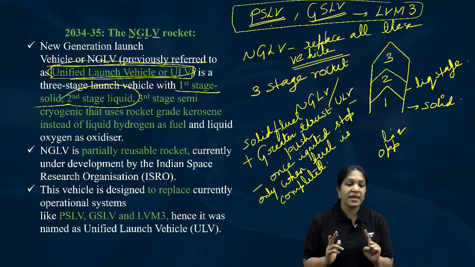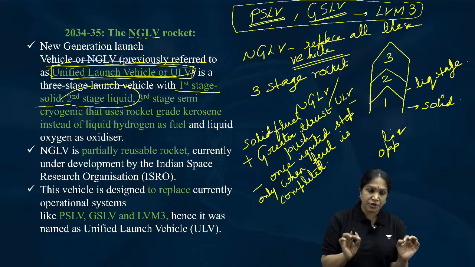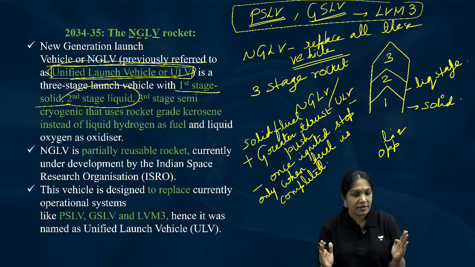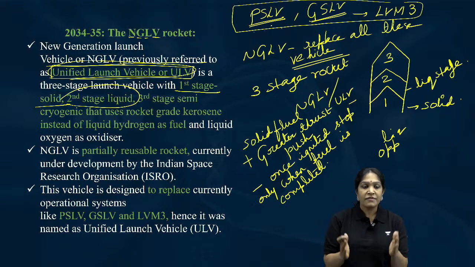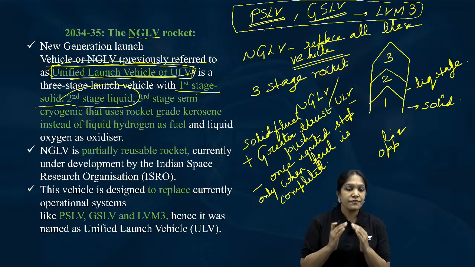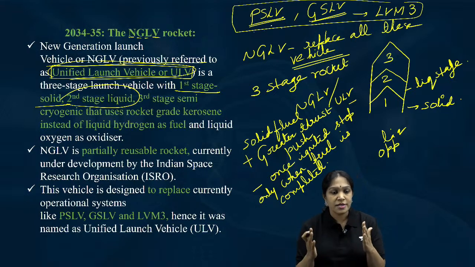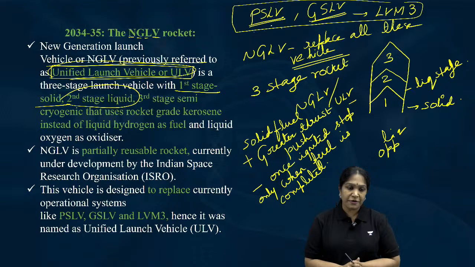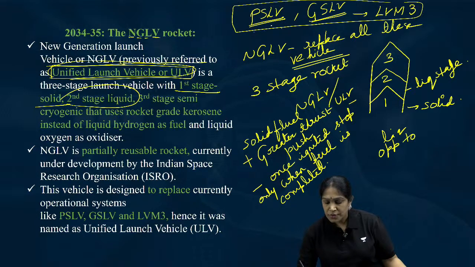But it can be switched on and switched off. When you do not require the fuel, you can stop it. When you need the fuel, you can restart the engine. So, switching off and restarting the engine is possible with the liquid fuel. It is opposite to solid fuel and more control is possible.